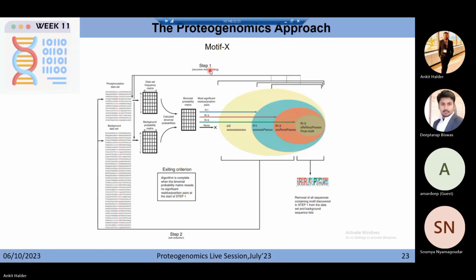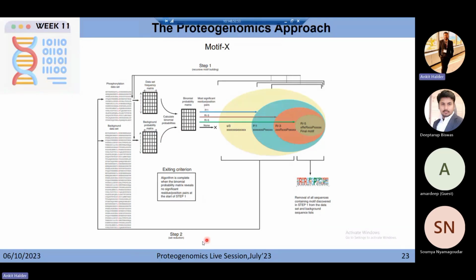In recursive motif building you have the data set frequency matrix and the background probability matrix, and then you calculate your binomial probabilities. Then you find the most significant residue position or pairs, and then sequences containing the discovered motif are removed from the data set and the background sequence list.